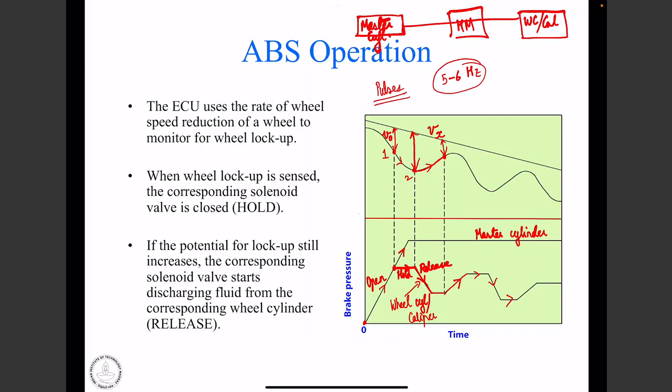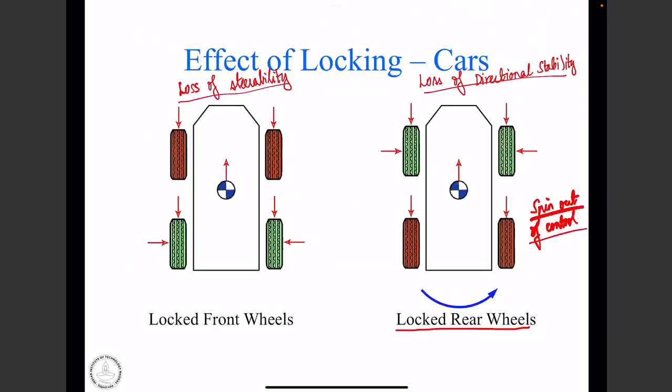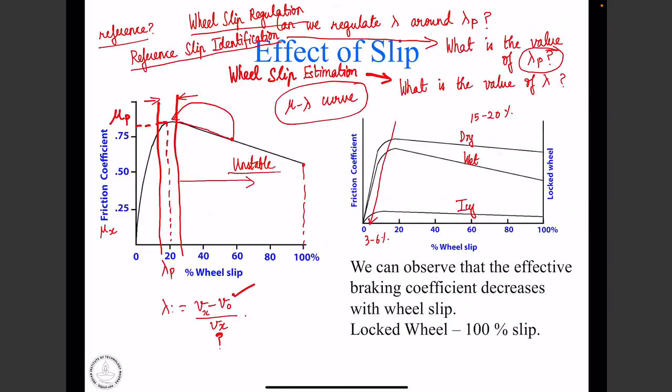So the ABS modulator pulses through these different phases of open, hold, release, and so on, and that results in the pressure being varied within the wheel cylinder and the caliper. If we go back to this diagram, that ensures we are essentially trying to stay within this region, somewhere around the peak.